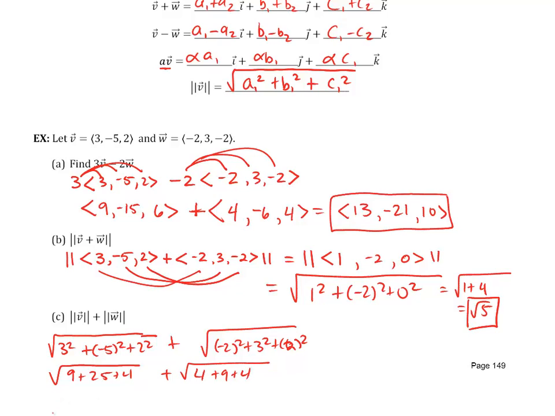Now 9 plus 25 is 34. 34 plus 4 is 38. And 4 plus 9 is 13. 13 plus 4 is 17. Square root of 38 plus square root of 17. And those do not simplify, so you can't combine any like terms. That's the sum of those two magnitudes.